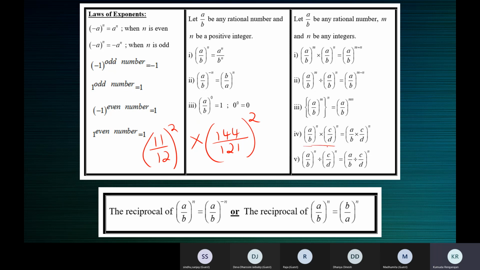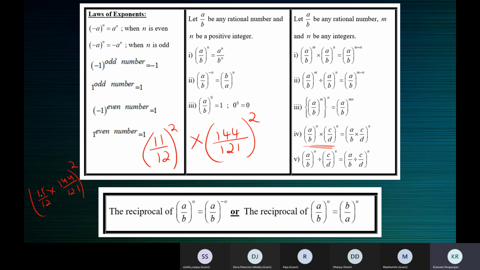But if you use this law, bases are different but they're raised to the same power, you can write it as 11 by 12 into 144 by 121, the whole power 2. Put them both in the same bracket and raise it to the power 2.